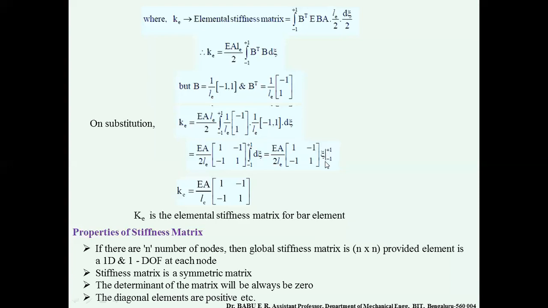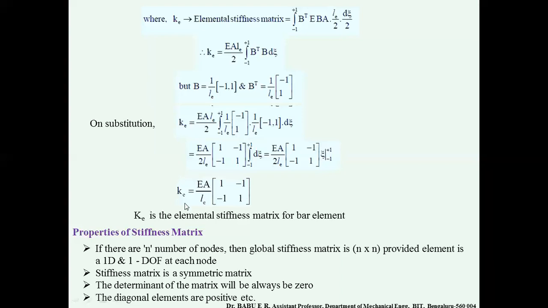Apply the limits: you will get 1 minus of minus 1, so you will get 2. So you cancel that 2 and this 2. So finally we will get K equals EA by Le [1, minus 1; minus 1, 1]. So this is the elemental stiffness matrix for a 1D bar element using the strain energy method.